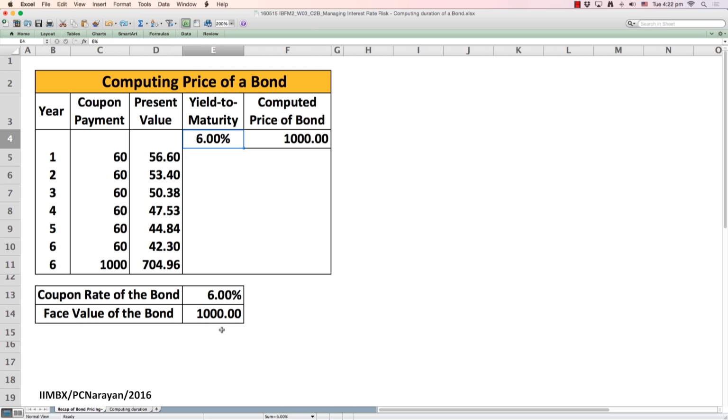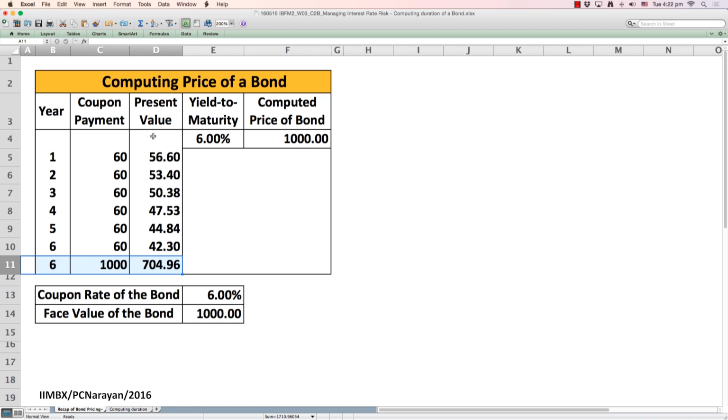Let's look at a spreadsheet to work through the price of a bond. So here's a bond whose face value is 1,000, coupon rate 6%. So the annual coupon payment is 60 every year through the 6 years of the bond. And in the 6th year, the principal will also be repaid to the bondholder.